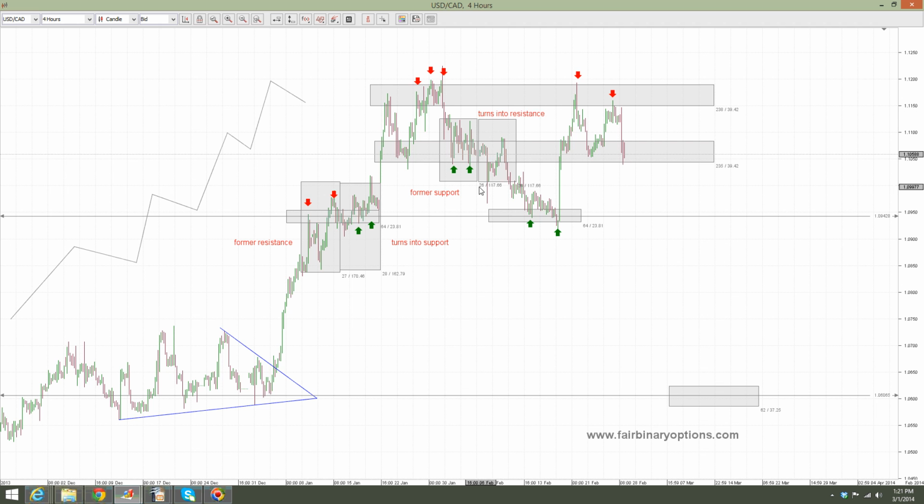So what to do when price then breaks the support and then comes into your resistance? Well, the only logical thing to do is to buy put options, and then price comes into your previous resistance that now acts as a support, right?